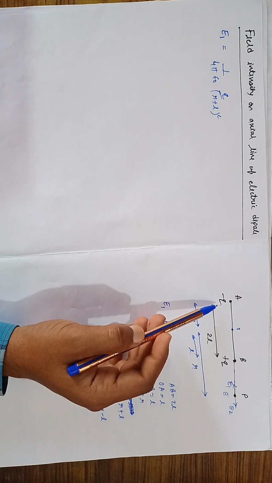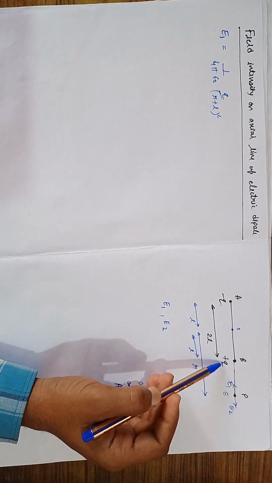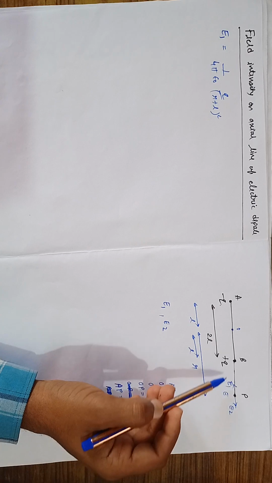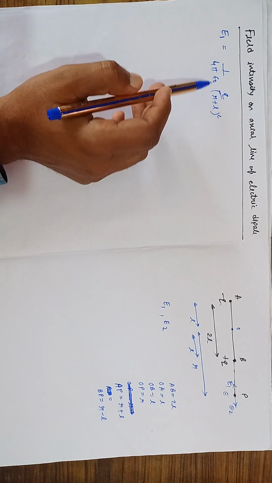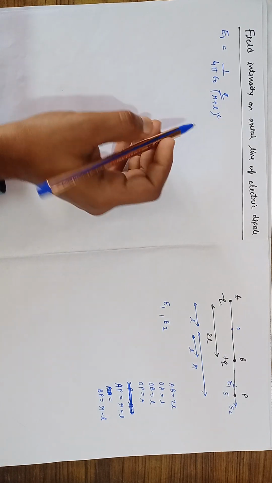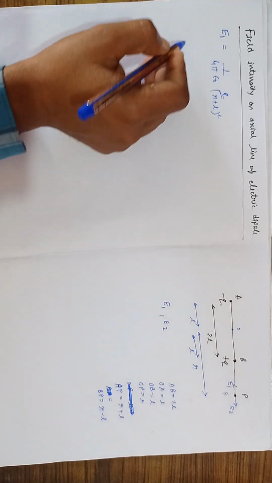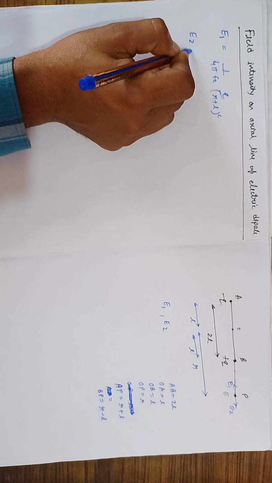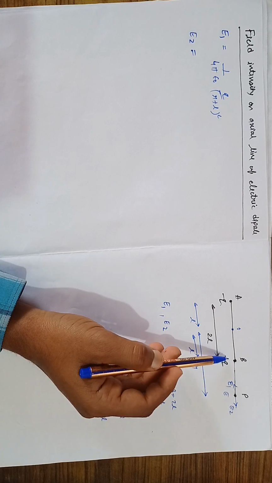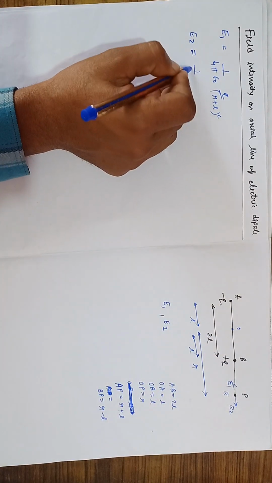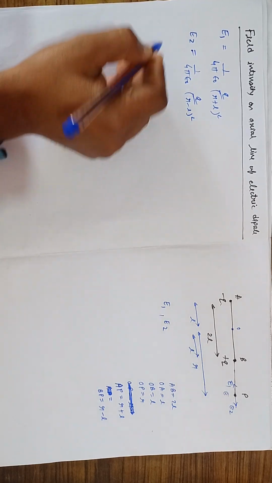Since it is a negative charge, the direction of E1 will be towards A, and since it is a positive charge, the direction of E2 will be outwards from B. The value of E1, the electric intensity at P due to charge minus q at A, will be 1 by 4 pi epsilon naught q by (r plus l) whole square. And the value of E2, the electric intensity at P due to charge plus q at B, will become 1 by 4 pi epsilon naught q by (r minus l) whole square.